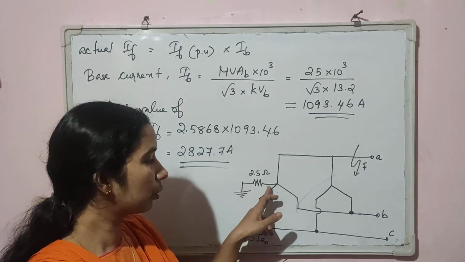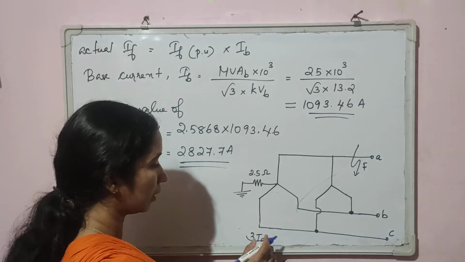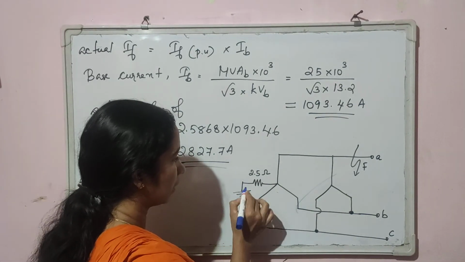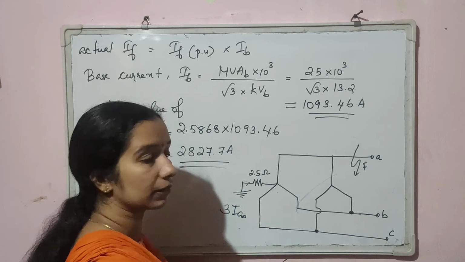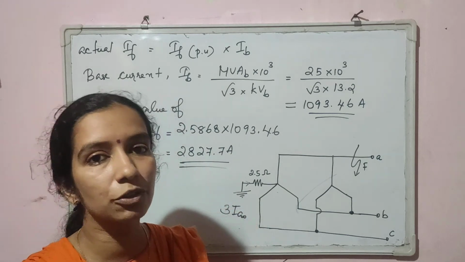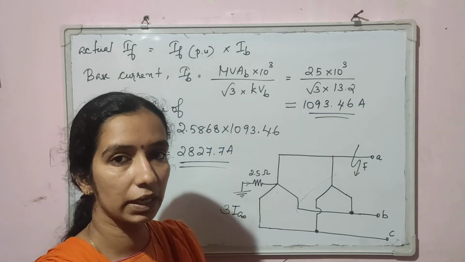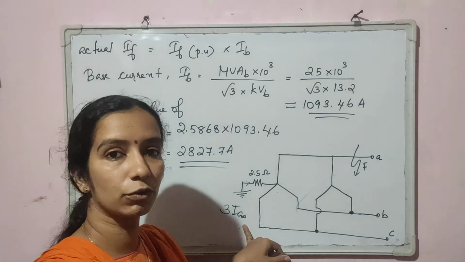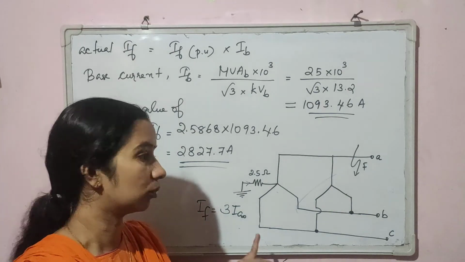And also we have derived the equations for a single line to ground fault, and there we have seen that the total fault current IF is equal to 3 times IA0.